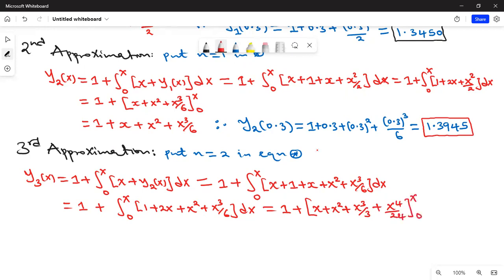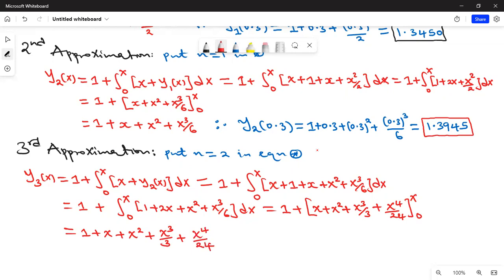Limits are from 0 to x. And so when you plug in the limits of integration, you need to get 1 plus x squared plus x cubed over 3 plus x raised to 4 over 24.